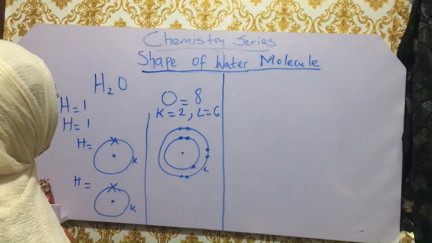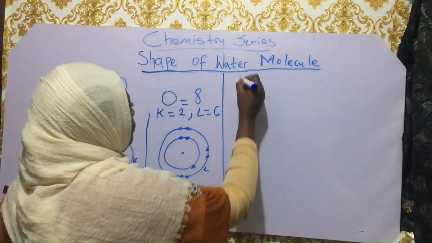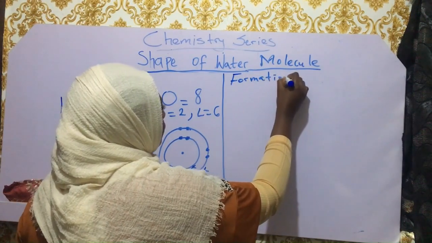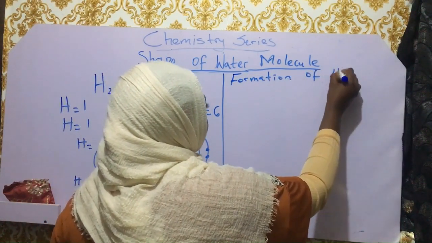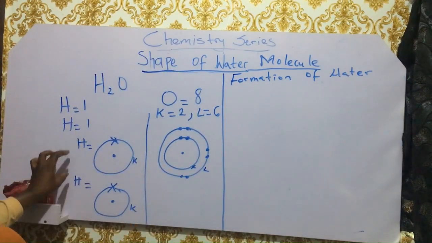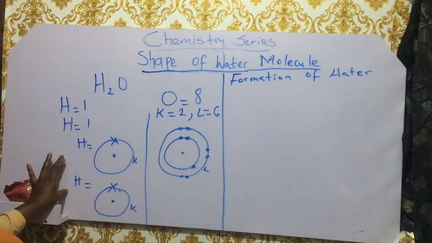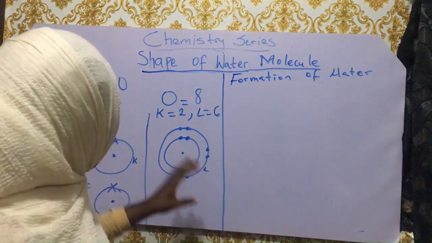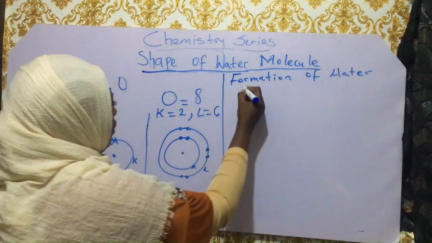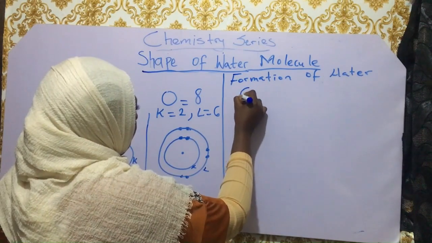So what happens is that in the formation of water, each atom of hydrogen, that is 2 atoms of hydrogen, combines with 1 atom of oxygen. So you have, I'm going to be drawing them now.